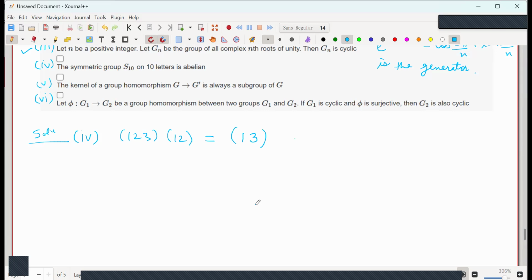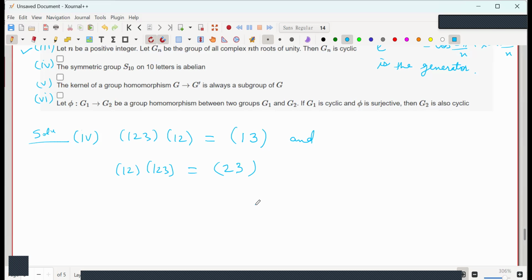Now (1 2) and (1 2 3), right? What will it be? (2 3). 1 will be fixed: 1 going to 2 and 2 going to 1. 2 is going to 3 and 3 is not here, so 2 will go to 3. 3 going to 1 and then 1 going to 2, so 3 is going to 2.